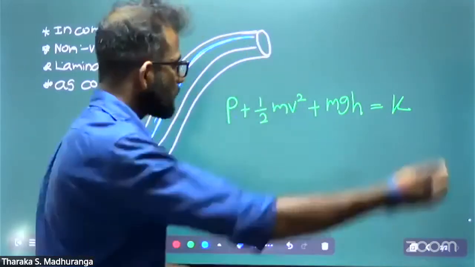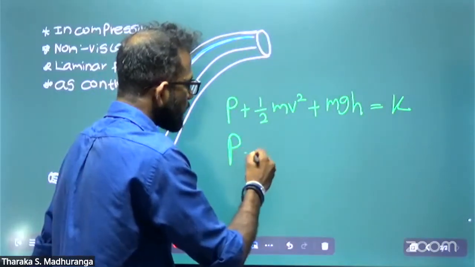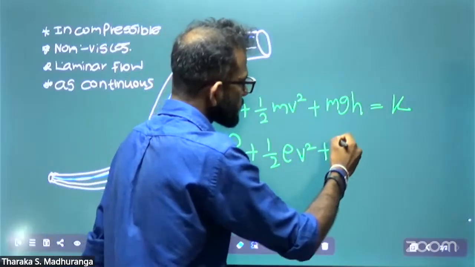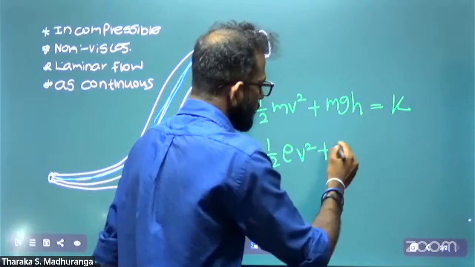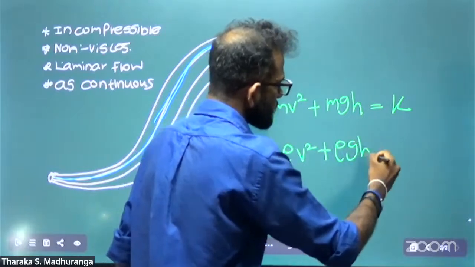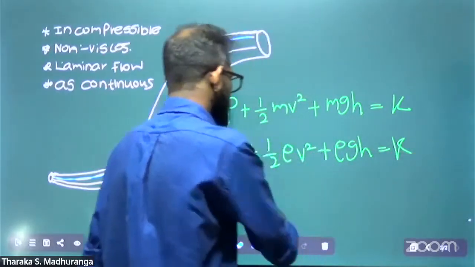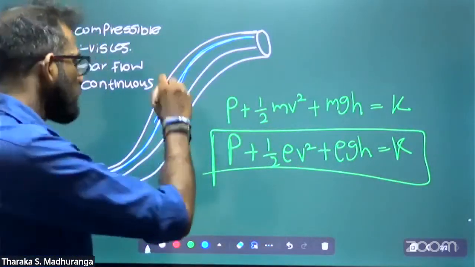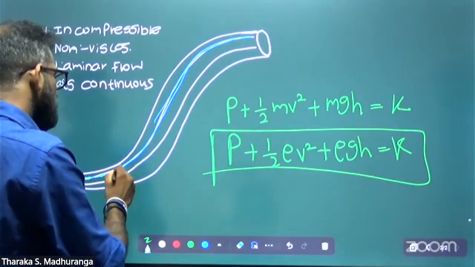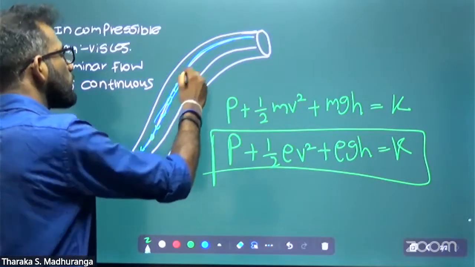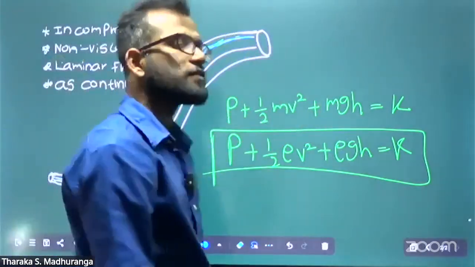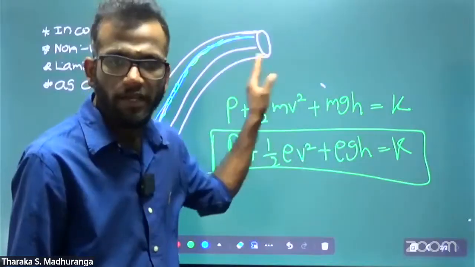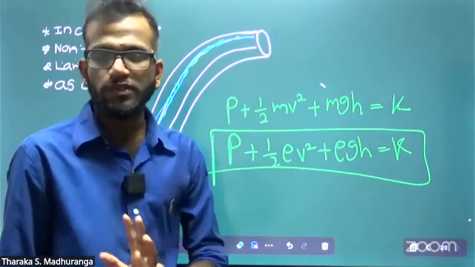If it is per unit volume, it is modified as P plus half rho v squared plus rho gh equals k, a constant. This is the simplest Bernoulli's theorem. At every point on the same streamline, this value is a constant value. That's Bernoulli's theorem.